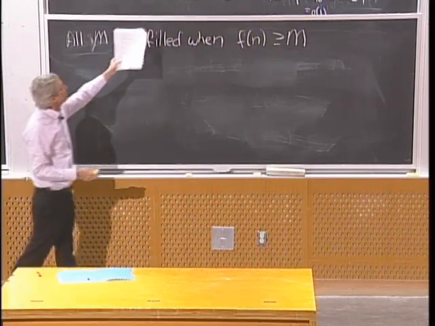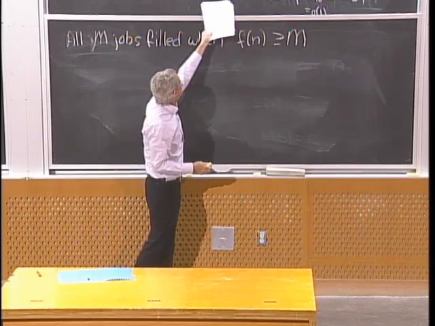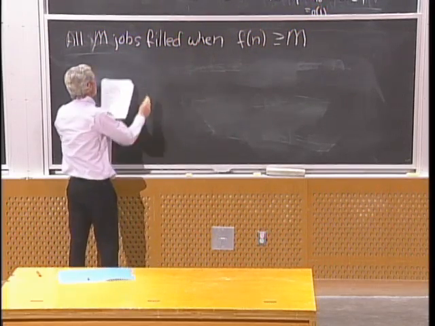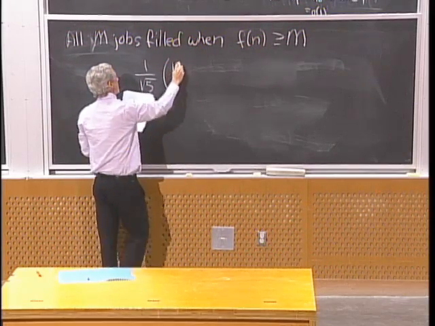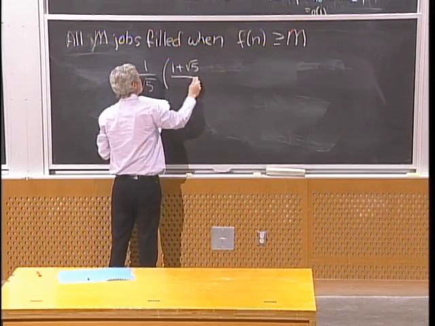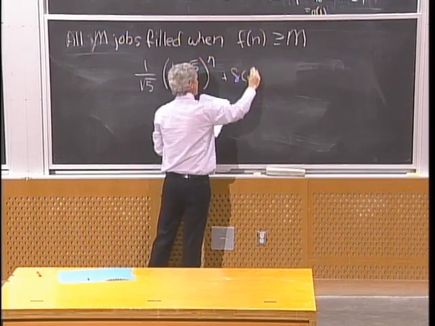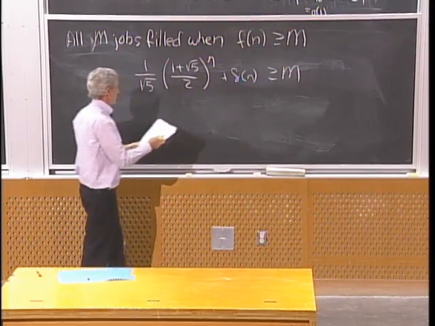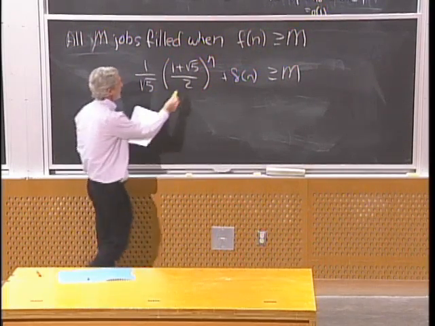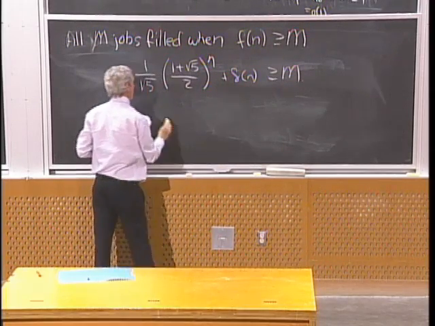And we just showed that f of n equals this, where that's a tiny thing. So we need to figure out when 1 over square root of 5 times the golden ratio to the nth power, plus this tiny little thing that doesn't matter, is bigger than or equal to m. I can solve for n now by subtracting the delta term and multiplying by square root of 5.